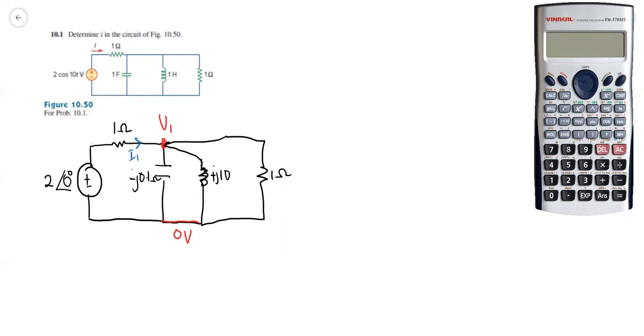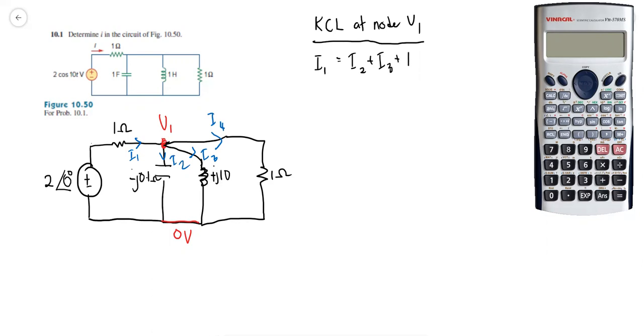So this is I1, I2, and this is my I3 and my I4. Next is to analyze the KCL at node V1.